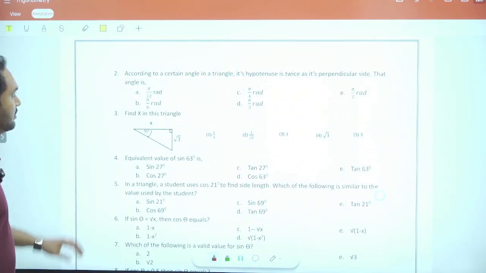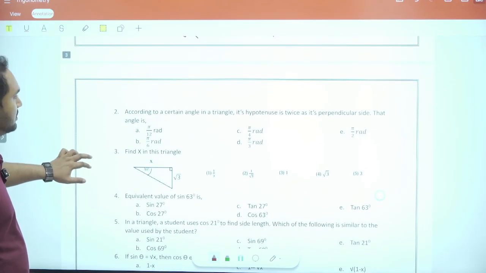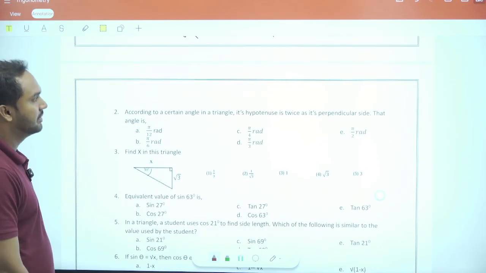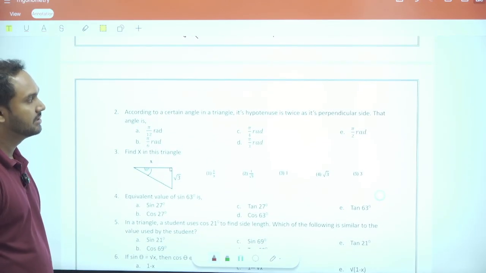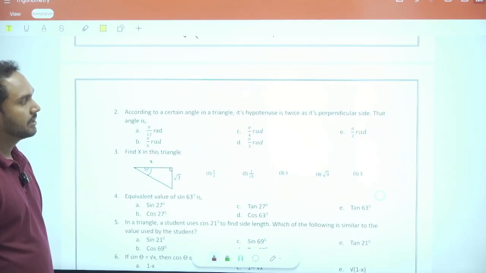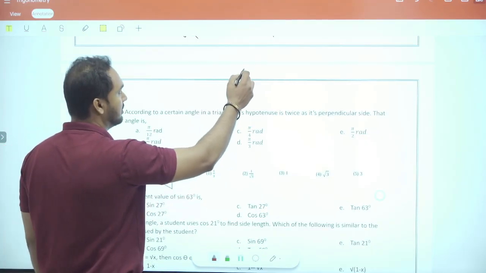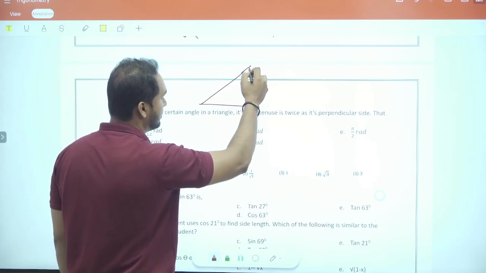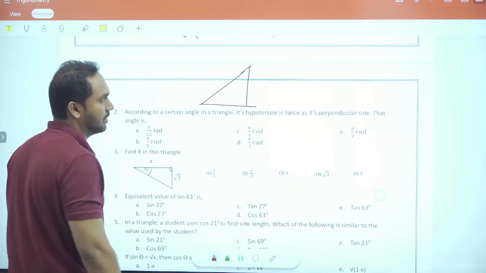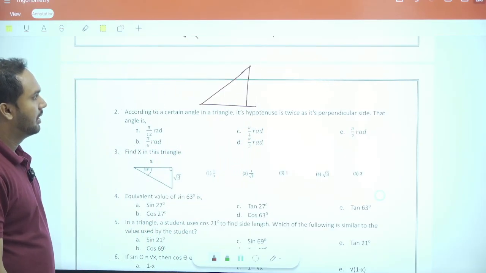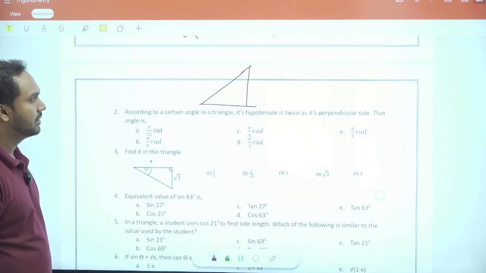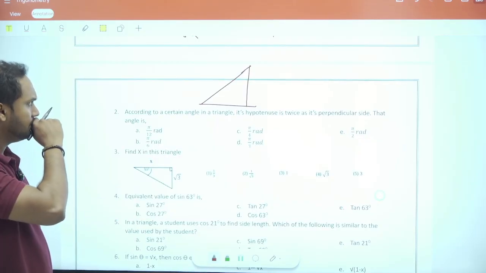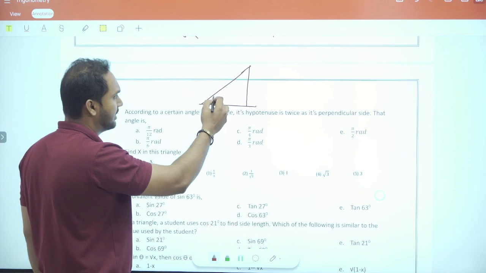So first you'll have to draw a structure. Draw a small structure. According to the certain angle in a triangle, its hypotenuse is twice its perpendicular side. So I'm going to draw a simple triangle. The hypotenuse is twice the perpendicular side. I'll take this angle theta.